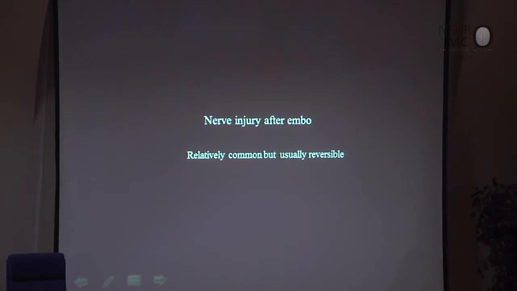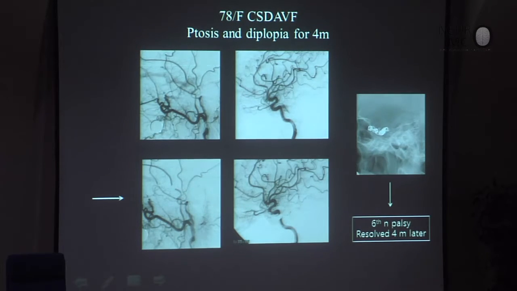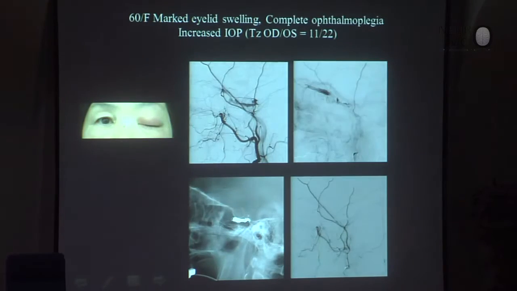Nerve injury is relatively common, but usually reversible. In this patient, we put in coils, but 6th nerve palsy developed, though it recovered to normal 4 months later. In this patient with marked eyelid swelling and complete ophthalmoplegia, there's a restrictive phase of the lesion, and we entered the fistula point retrograde, protected the SOV, and obliterated the fistula completely.